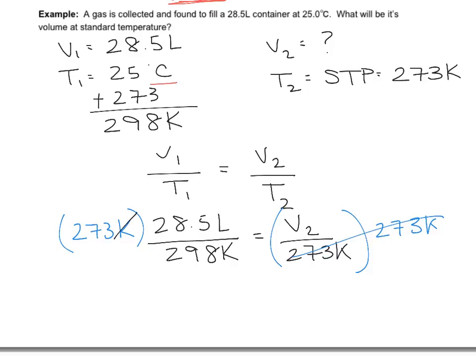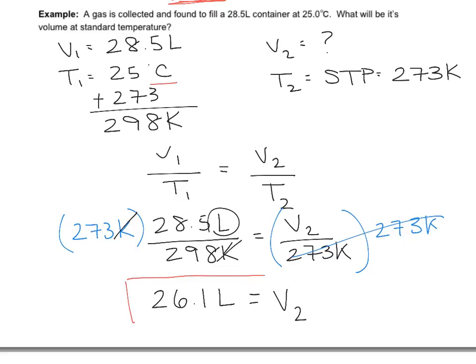Here my units cancel out, K and K. I'm left with liters, which makes sense considering I'm solving for a volume. If I plug 273 times 28.5 into my calculator divided by 298, I would get 26.1 liters.